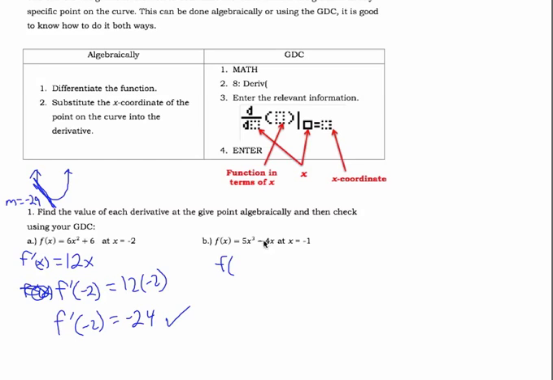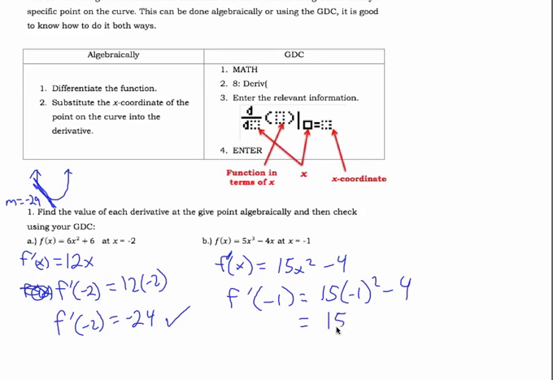We have f of x, the derivative, sorry, f prime of x equals 15x squared minus 4. So then we're going to find the derivative at x equals negative 1. So we substitute in x equals negative 1. And then we get 15 minus 4, which equals 11.